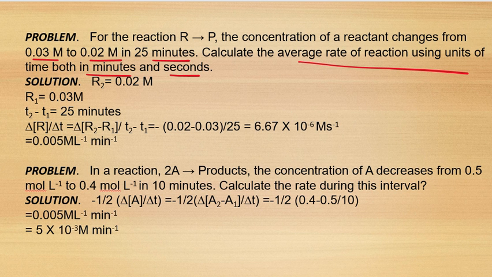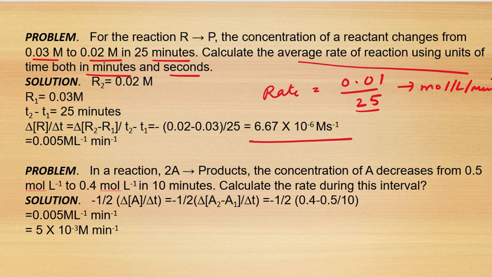Rate is equal to concentration difference divided by time. So 0.01 divided by 25. Here the time is taken in minutes, so you will get the unit in moles per liter per minute. Once we convert it into seconds, we will get it in moles per liter per second.